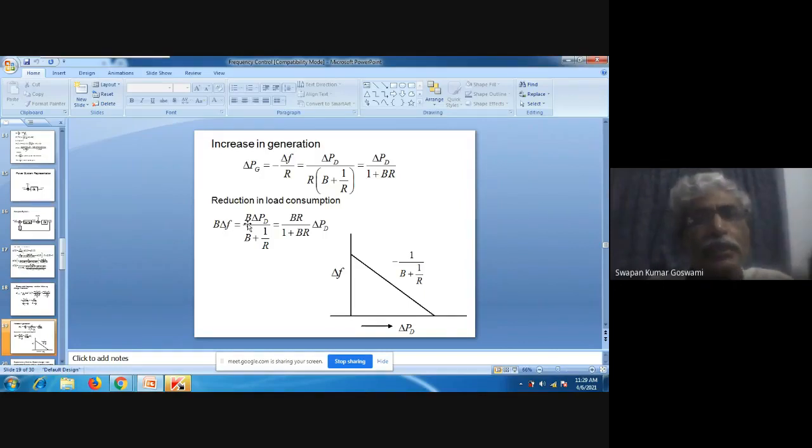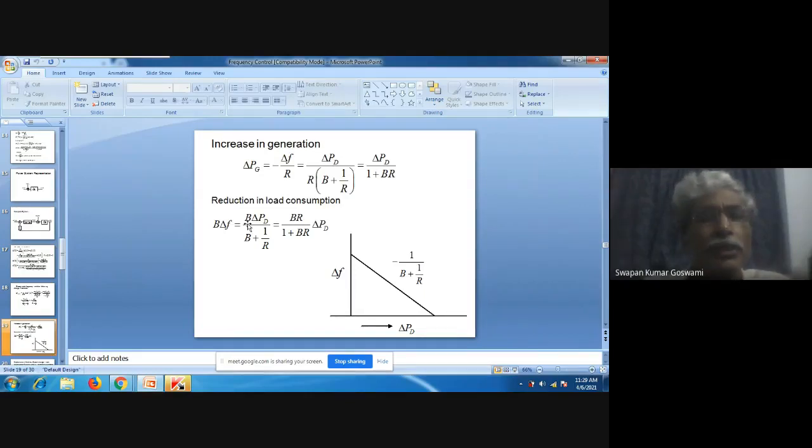And finally, when a new steady state has been arrived at, the power will be supplied solely by the increased generation by the governor action and the reduced demand of the existing load. So this is how the power is being supplied to a newly connected load after the switching has been made.